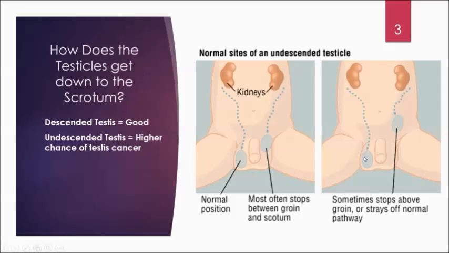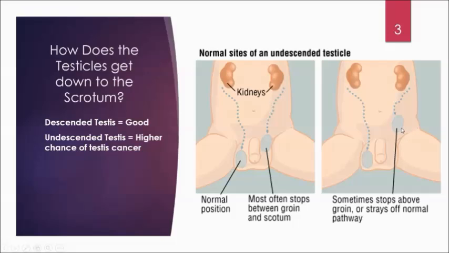So by the time the baby is born, the testicles should be down in the scrotum, which is good and normal. However, if the testicle does not descend all the way down to the scrotum, we call it an undescended testicle.